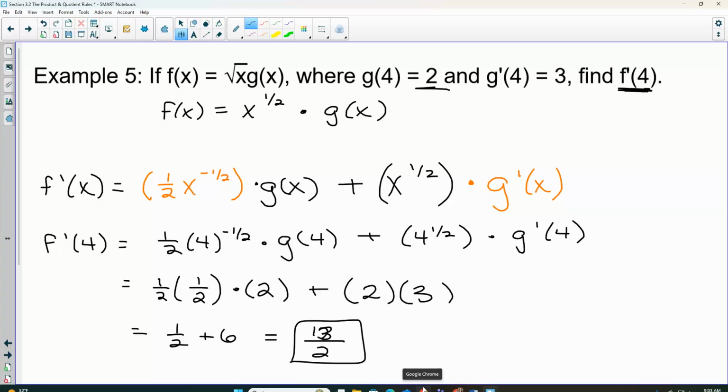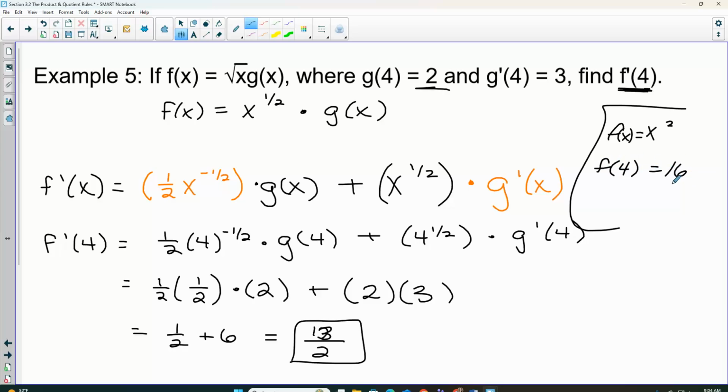One thing, if I am ever asking you to evaluate the derivative at a certain number, you have to do the derivative before you plug the number in. The reason is, if I put a 4 into the beginning, even if I had a simple function, like x squared, if I put in a 4 to start with, that's equal to 16.